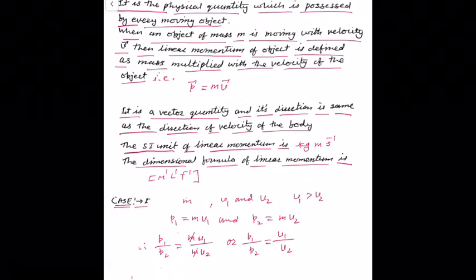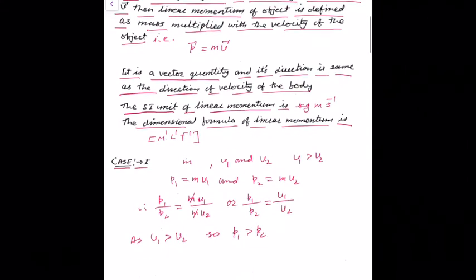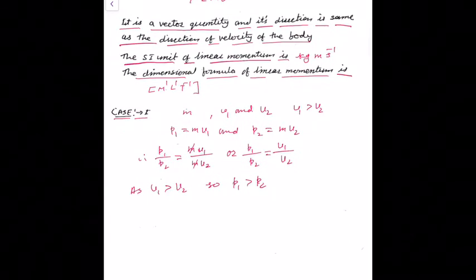As v1 is greater than v2, so p1 is greater than p2. Thus, the linear momenta of bodies having equal masses are proportional to their velocities.